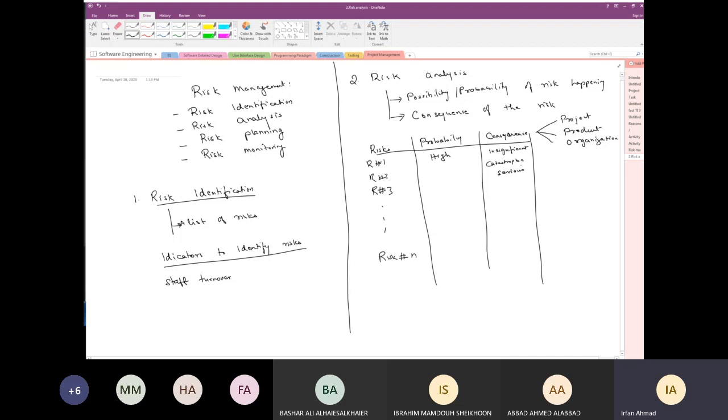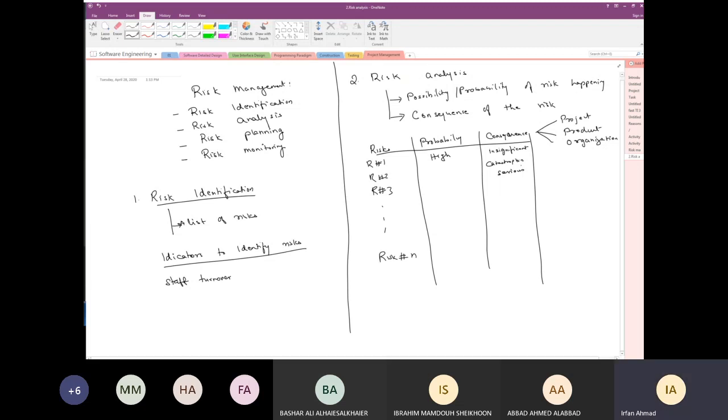A probability of risk is how likely that risk is going to become a reality. The consequence is, if it becomes a reality, what is the effect of the risk on the project, on the product, and on the organization? Some risks affect only the project. Some risks can affect only the product. Some risks can affect the organization. And in most cases, a given risk affects more than one thing.